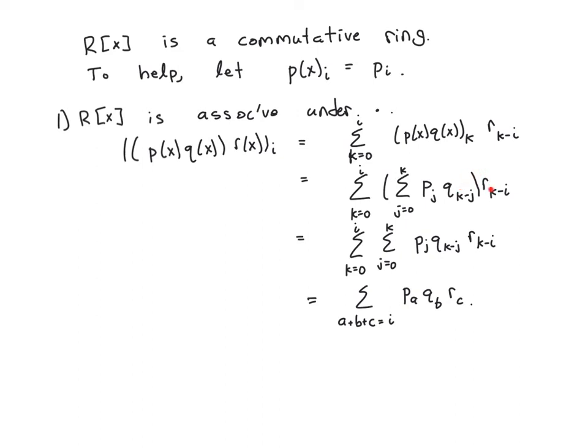Multiplication distributes over addition, so I can bring this inside, and I have this double summation of p_j, q_(k minus j), r_(i minus k). Now you can do a substitution where I decide to set a equal to j, b equal to k minus j, and c equal to i minus k. Why would you do such a thing? Well, because these formulas are messy, and wait, there's a bit of a mistake here, isn't there?